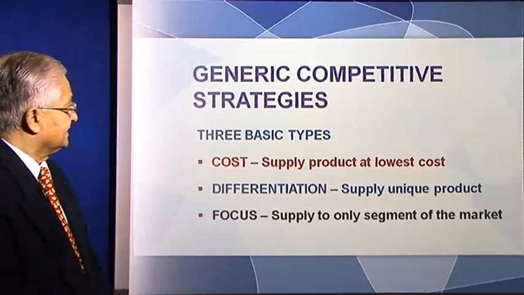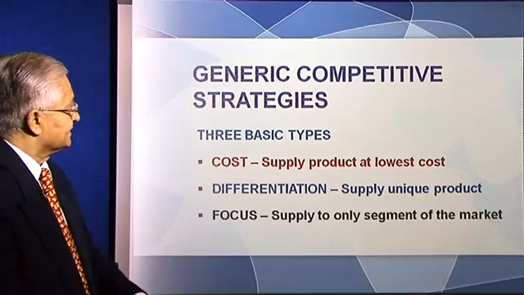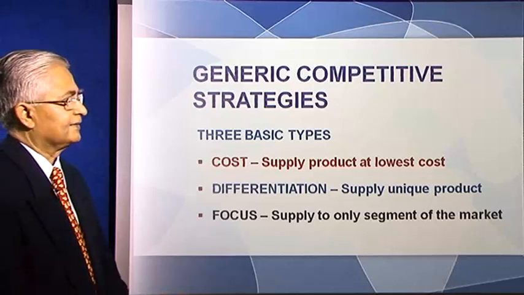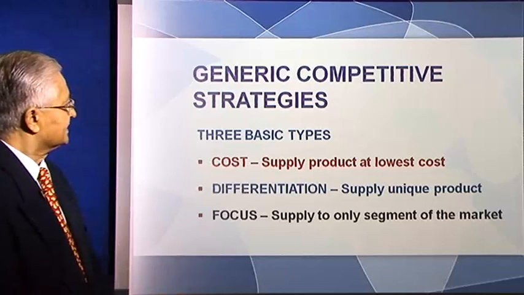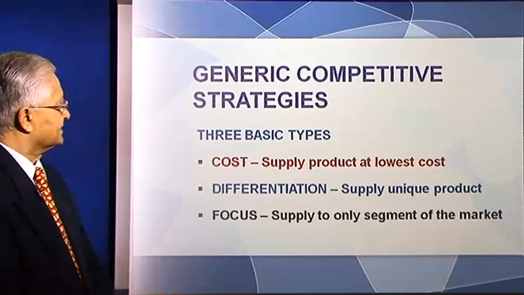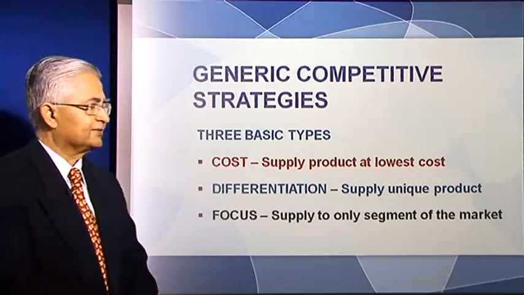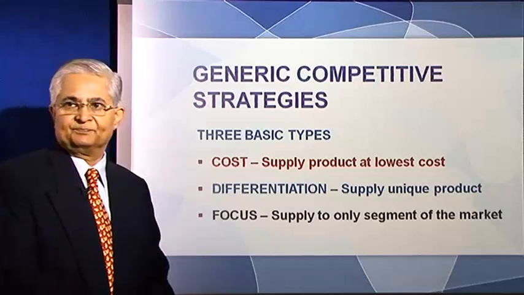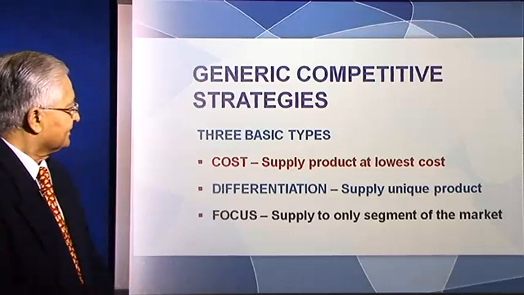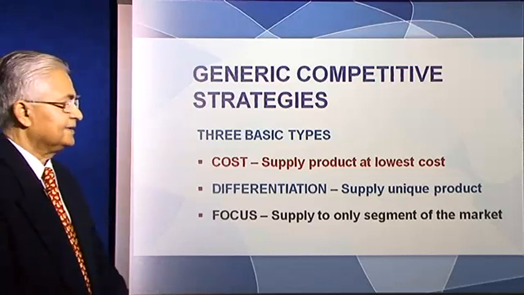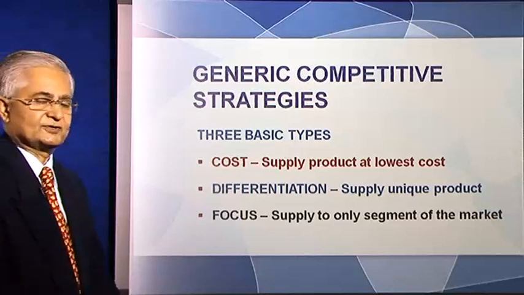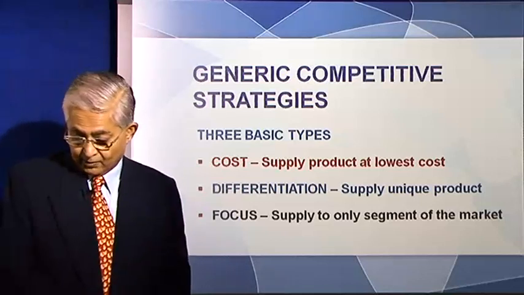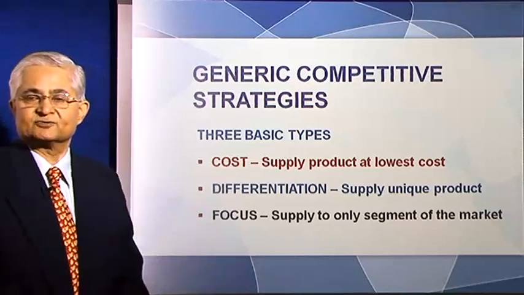Because through study of thousands of companies across the world, he has grouped strategies into three basic kinds. He says that one strategy is the cost strategy. Now, what is this cost strategy?